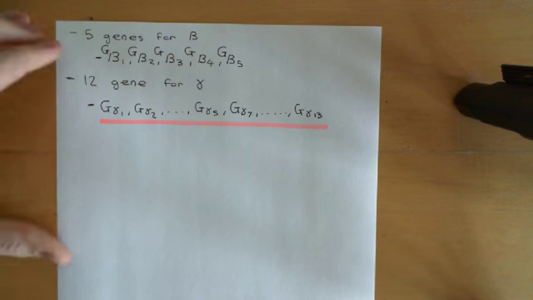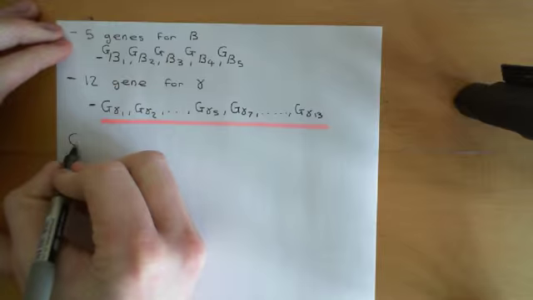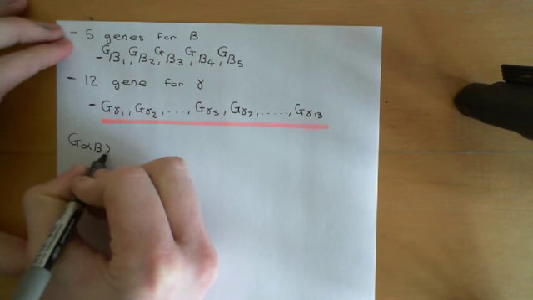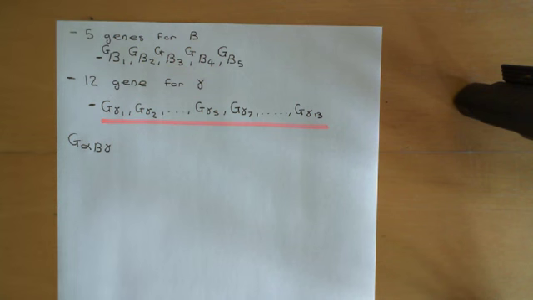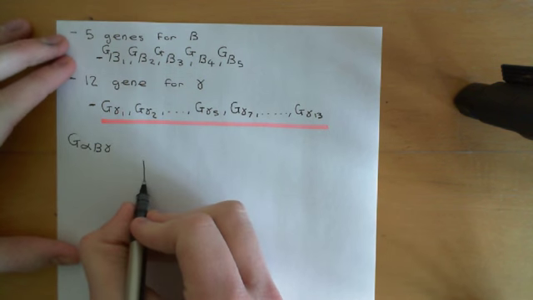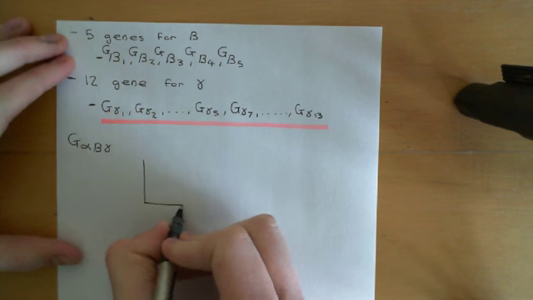Right, so let's now do a fancier model of what a heterotrimeric G protein looks like. We'll start off with the alpha subunit. The first thing to say is that alpha subunits can be divided up into two main domains.